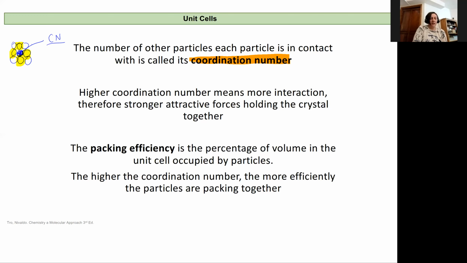The ones in the corners that I didn't highlight yellow aren't actually touching the shaded-in atom at all. They're surrounding it, but they're not actually in contact with it. And that contact is where we're creating the intermolecular force attraction between those 2 atoms. So I've got 4, and that's in one lattice plane.